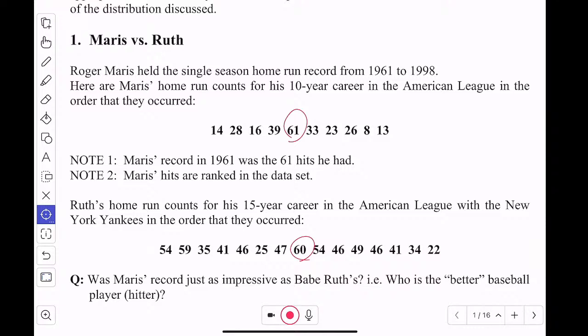How do you comment? Without making any calculations, just looking at the data.